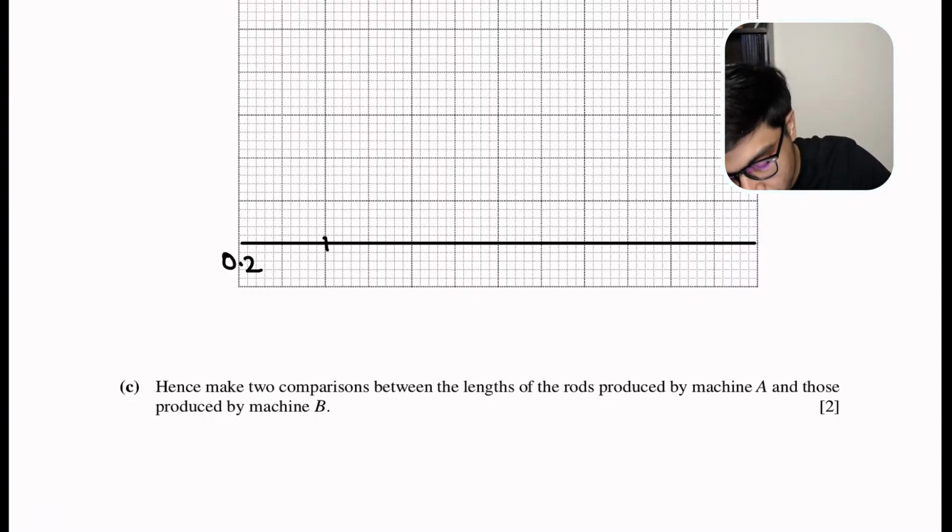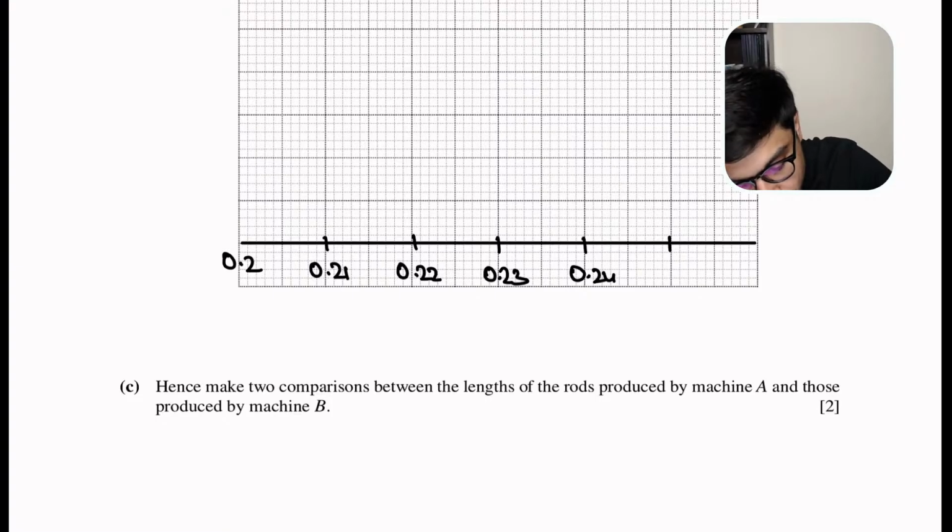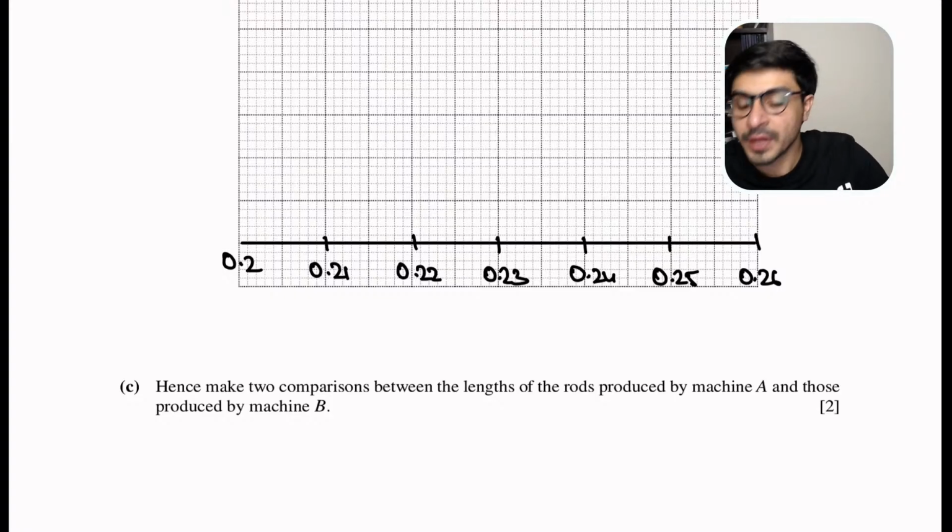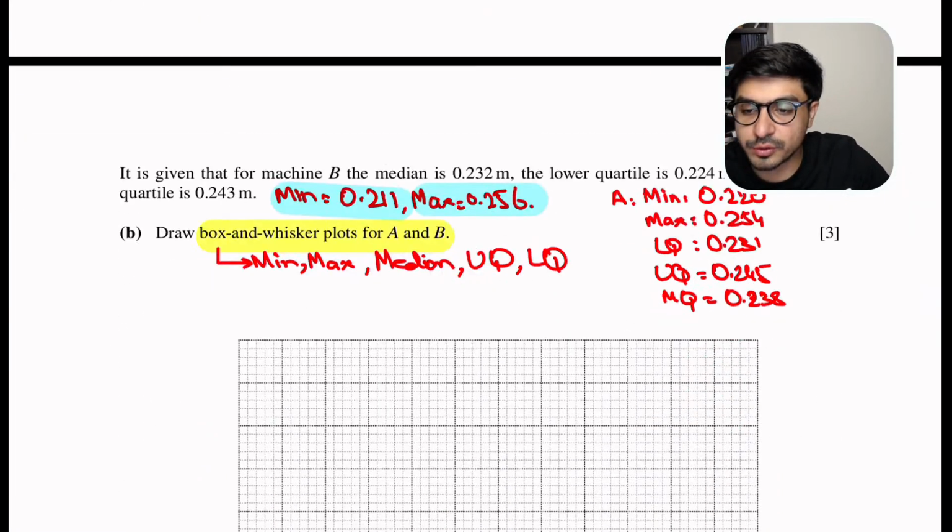So 0.2, 0.21, 0.22, then 0.23, then 0.24, and then 0.25, and 0.26. All right, so this is what it is going to be like.